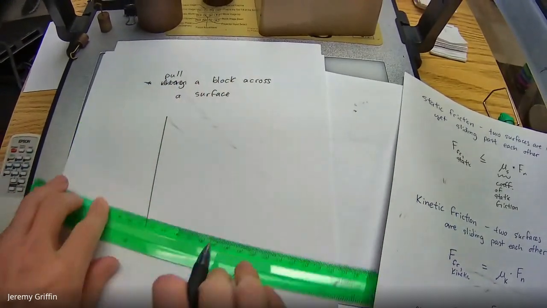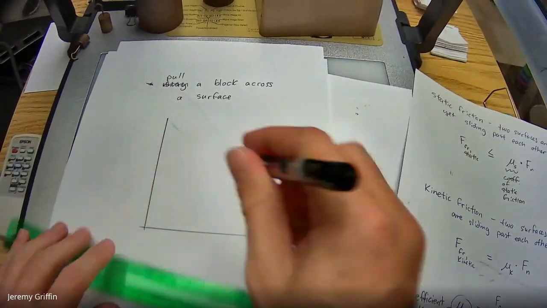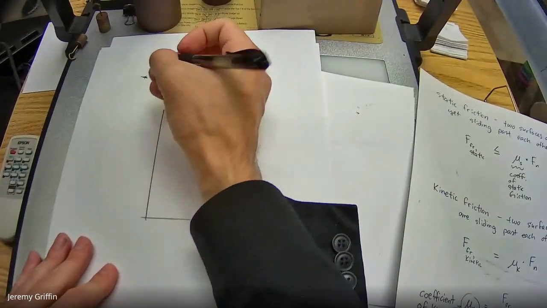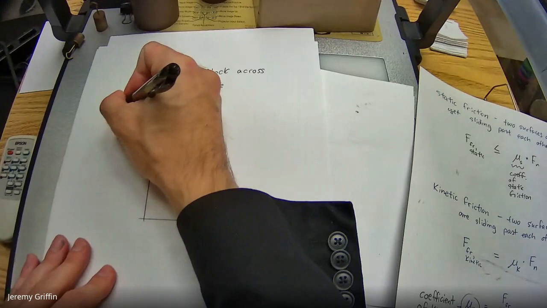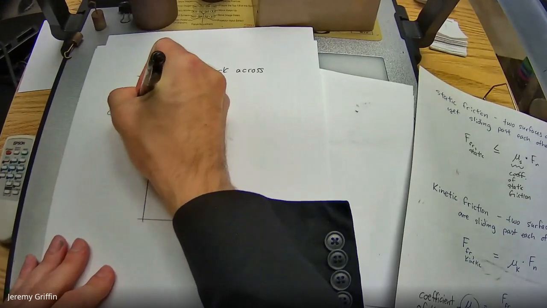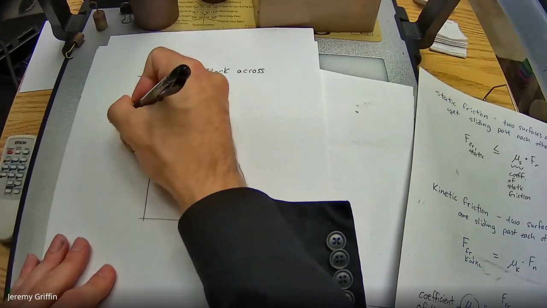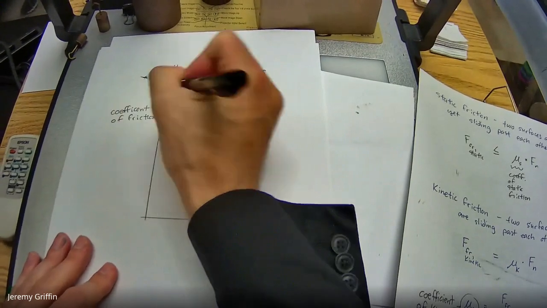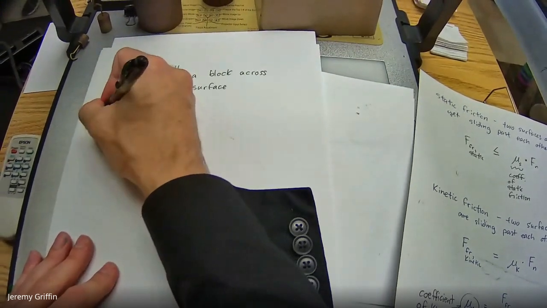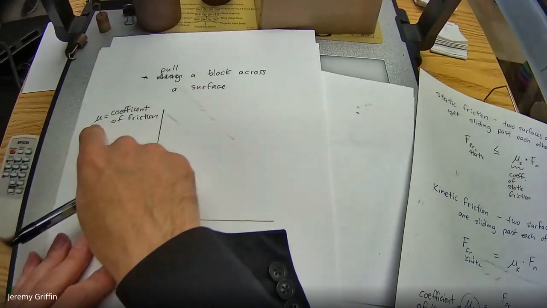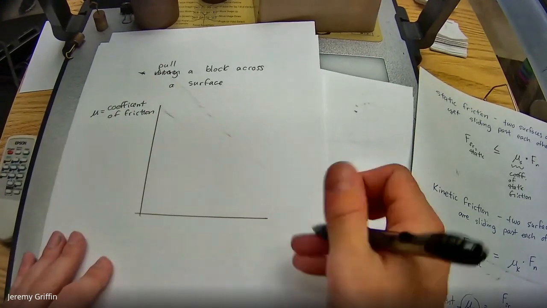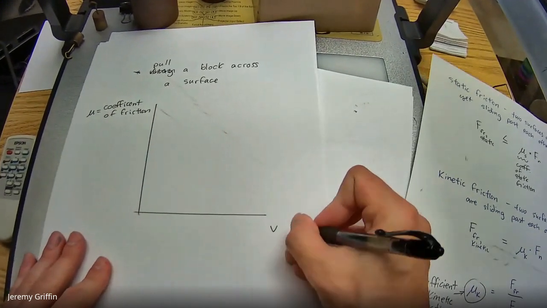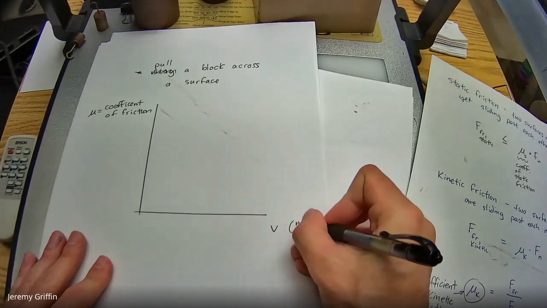Make a graph and think about this. What if you were looking at the coefficient of friction? So I'll put coefficient of friction on this axis, which is mu. That's the Greek letter mu. Looks like a U with a tail on it. As a function of velocity, say between the two surfaces, in meters per second.